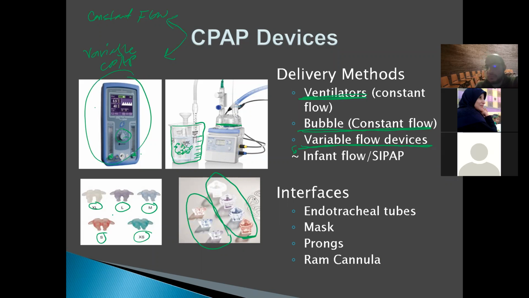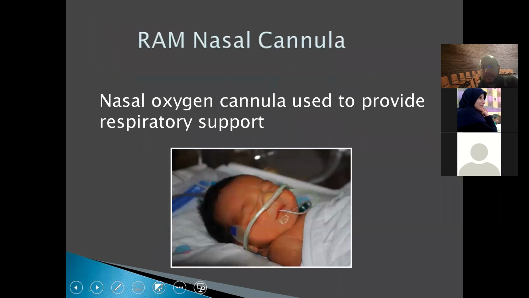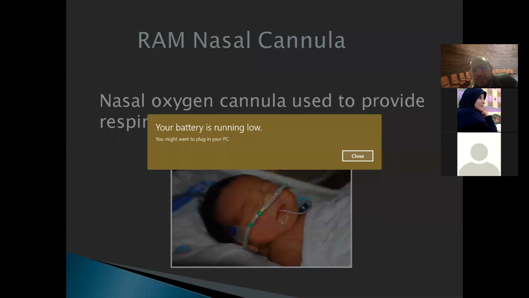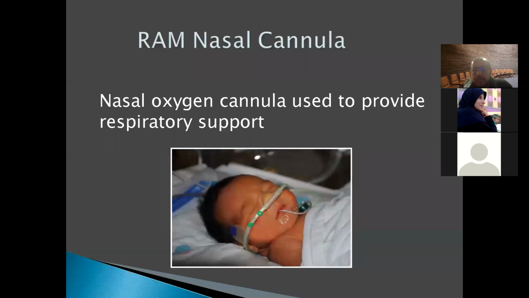And then we have the RAM cannula. You can see the difference between RAM cannulas. Number one is bigger, with a wider tube thickness. Number two covers around 70 to 80% of the nostrils.